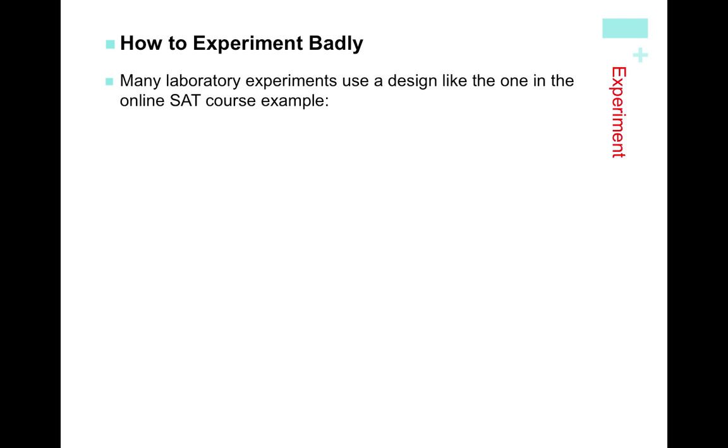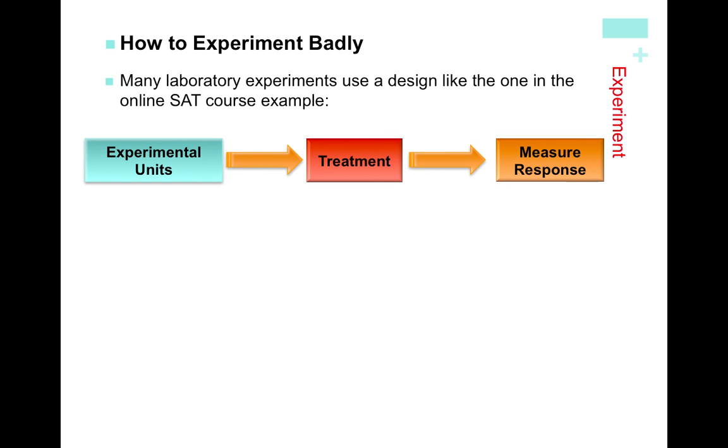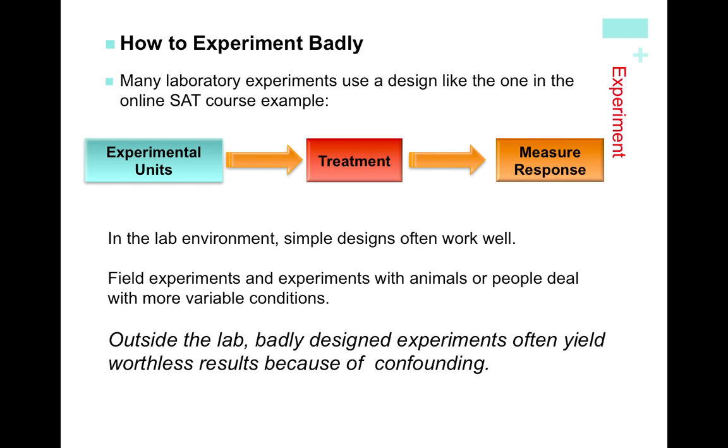Many lab experiments would use a design like the one in the online SAT course example, just a very simple design. There are experimental units, they impose a treatment, and then they measure a response. In a lab environment, simple designs often do work well.